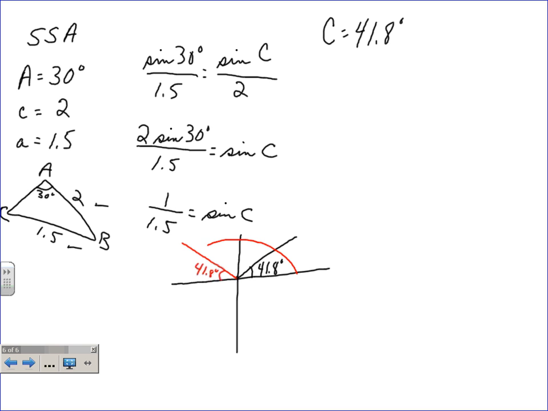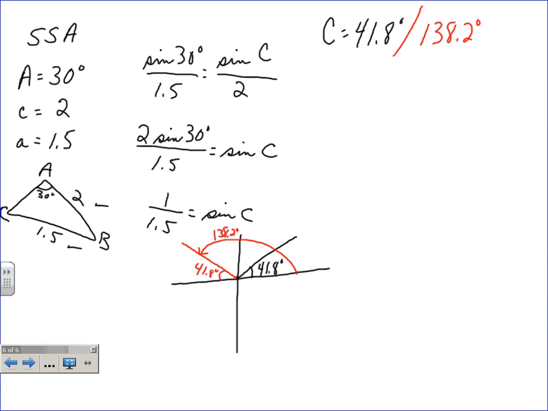And I want to check this angle right there. And what is that angle? 138.2. So could angle C be 138.2? The answer is yes, it could.